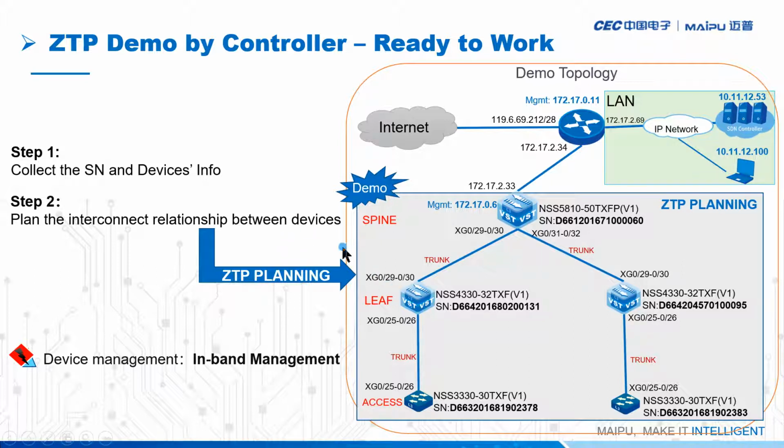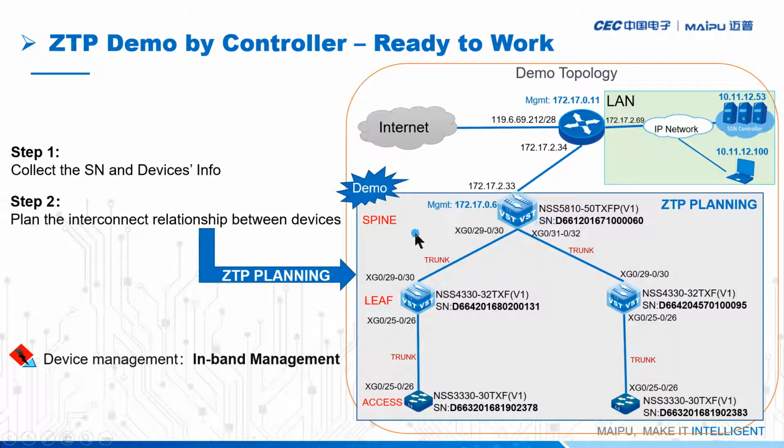And here, this is a demo topology. I will do it later on. And the BDLAN controller is located on the LAN. The IP is 10.11.12.53, and my laptop is 10.11.12.100.